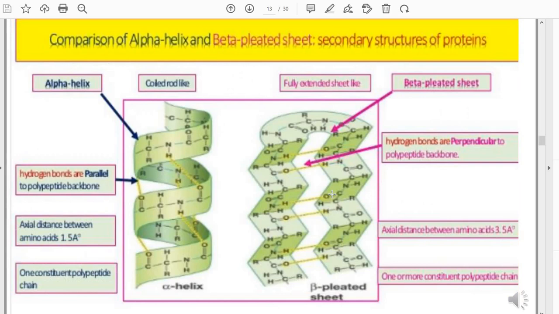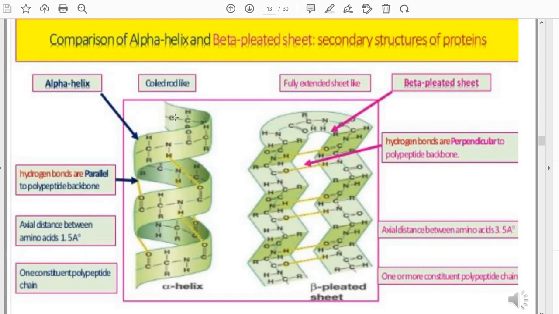What is the difference between alpha helix and beta pleated sheets? Alpha helix is a coiled, rod-like structure. Beta pleated sheets are fully extended and sheet-like. The hydrogen bonds in the alpha helix are parallel to the polypeptide backbone.